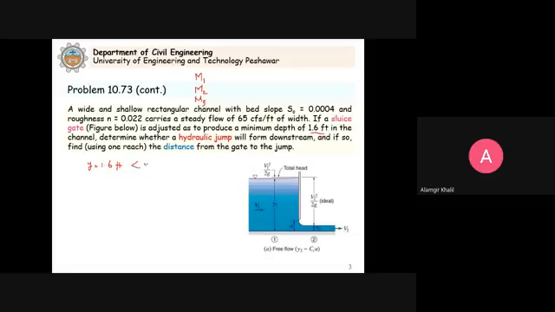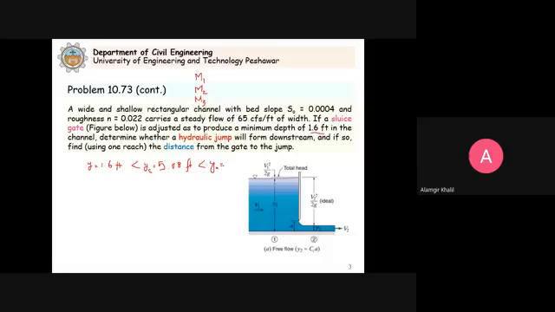We have already calculated yc, and its value is 5.08 feet, which is less than y naught.